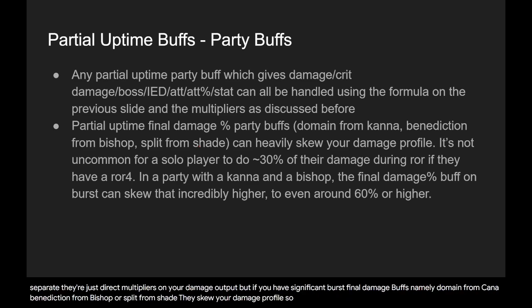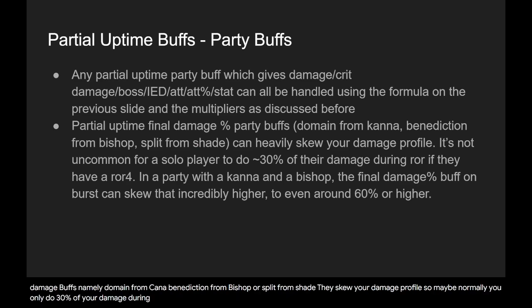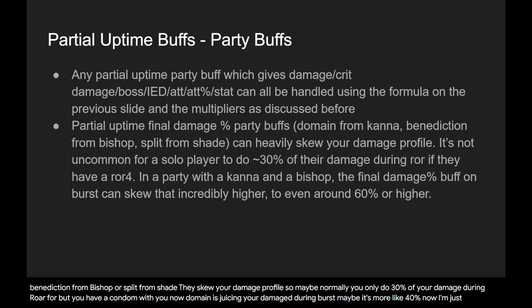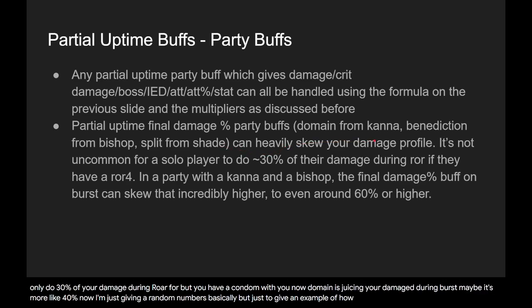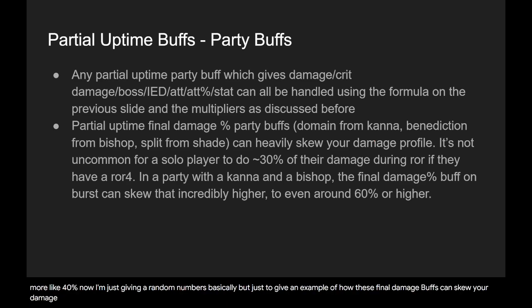So maybe normally you only do 30% of your damage during Roar 4, but you have a Kana with you now, Domain is juicing your damage during burst, maybe it's more like 40% now. I'm just giving you random numbers, but just to give an example of how these final damage buffs can skew your damage towards these burst buffs like AV Link or Roar or whatever.